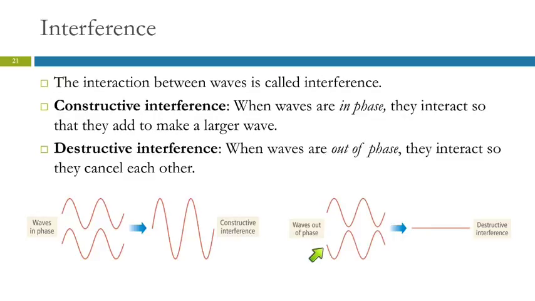If you have waves that are out of phase, where the peak of one lines up with the trough of another, it's destructive interference, and it essentially cancels out if they're exactly out of phase with the same amplitude, and you get nothing. So destructive interference is utilized in noise-canceling headphones.